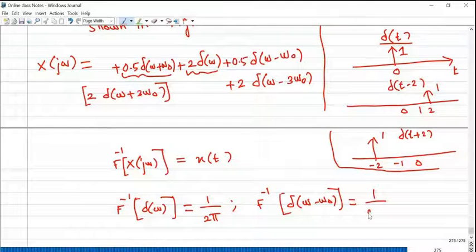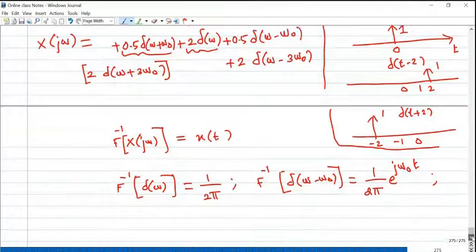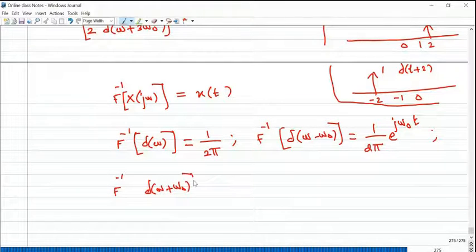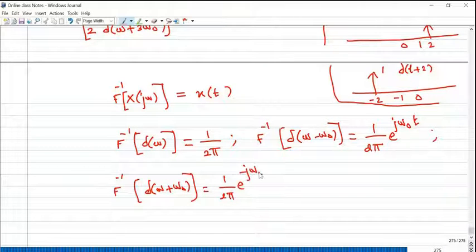The result is 1 divided by 2 pi e power j omega naught t. Next, inverse Fourier transform of, what are the other components available? Del of omega plus omega naught is available. The result is 1 divided by 2 pi e power minus j omega naught.